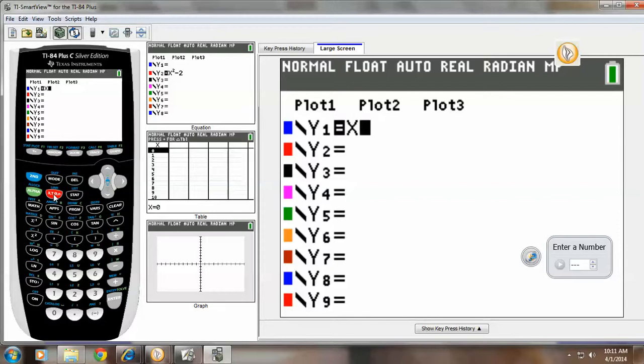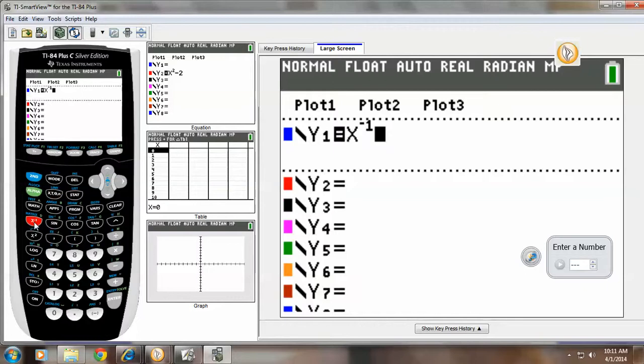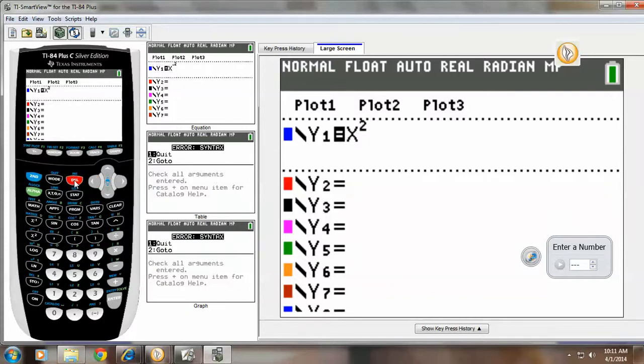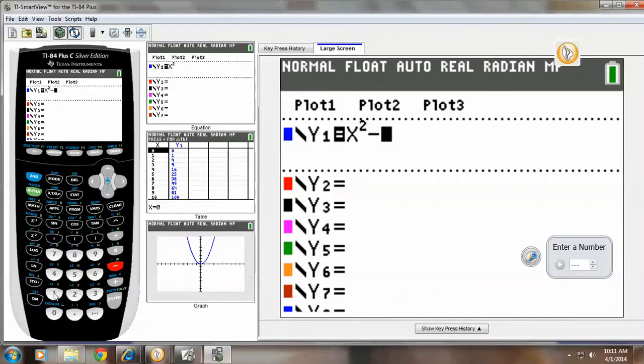Now we want squared. The square key is right beside the comma. If you would click that, you have x squared on yours. And then hit minus 16.